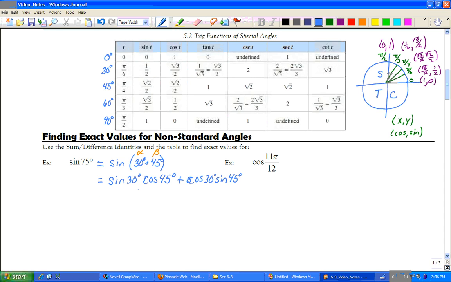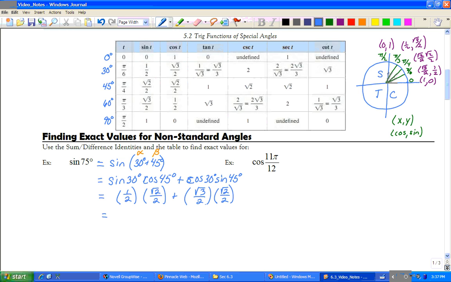So 30 and 45 are our special angles. We can find out the sines and cosines of all of those from our table or from our unit circle. The sine of 30 degrees is 1/2. Cosine of 45 is the square root of 2 over 2. Cosine of 30 degrees is the square root of 3 over 2. And the sine of 45 is the square root of 2 over 2.